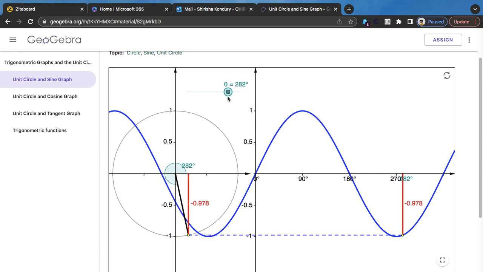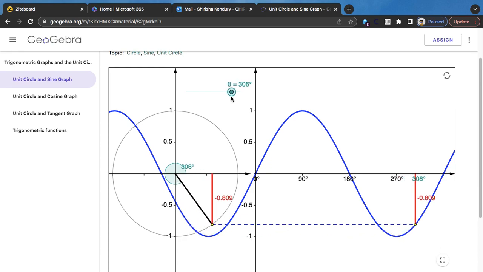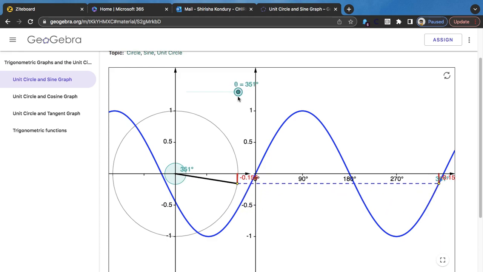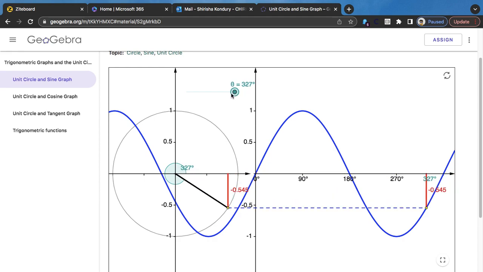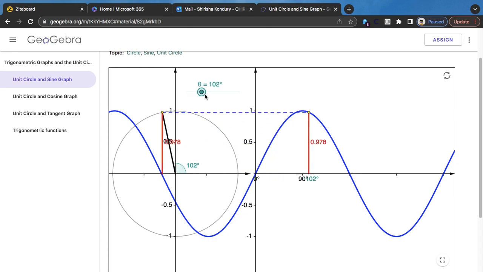And then again you see that opposite side is decreasing, adjacent side is increasing till it reaches 360, and then it repeats. So from 0 to 360 and 360 to 0, and then it's repeating forever.